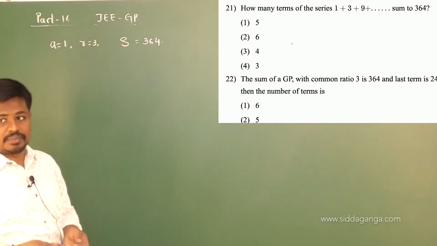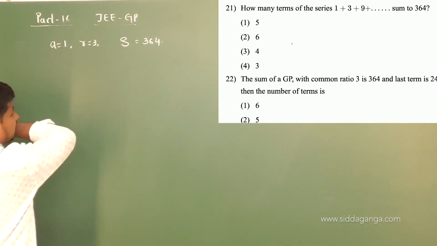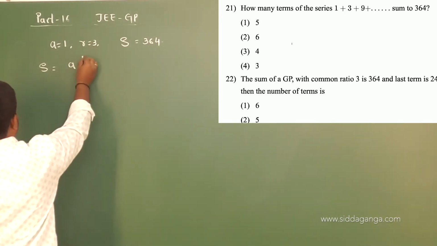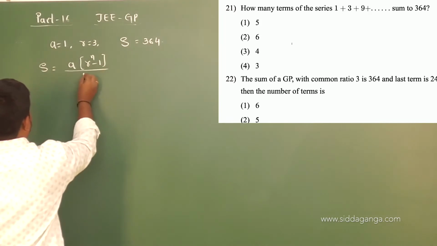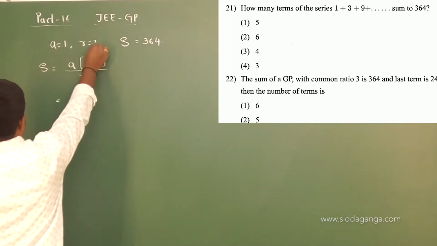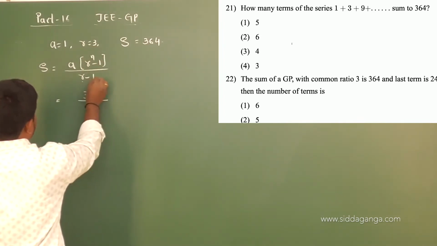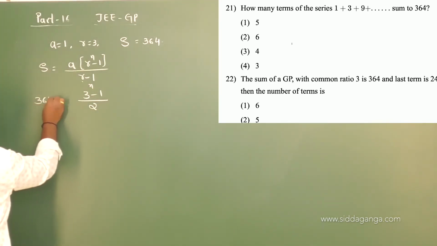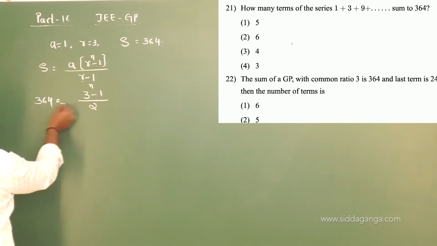So let us use the formula for the sum of n terms of GP, S is equal to a into, so r is greater than 1, so r power of n minus 1 divided by r minus 1. So a is 1, r is 3, so 3 power of n minus 1 by 3 minus 1, that is 2, and sum is given 364. Okay, so this gives your n, and let me multiply these two.